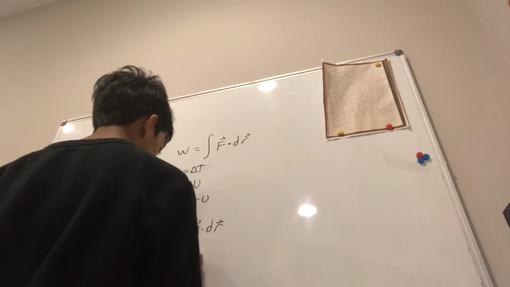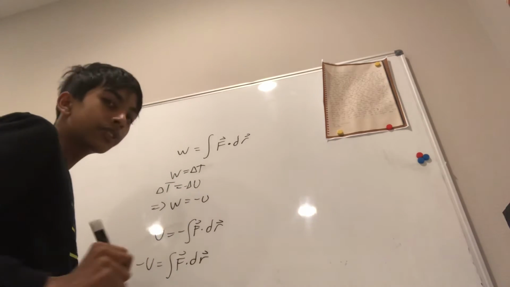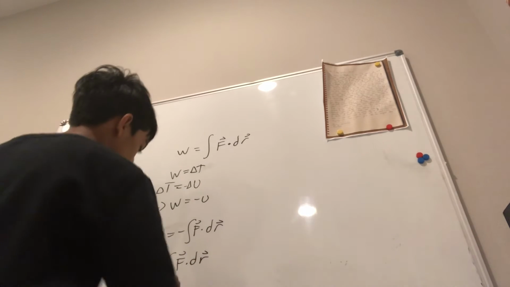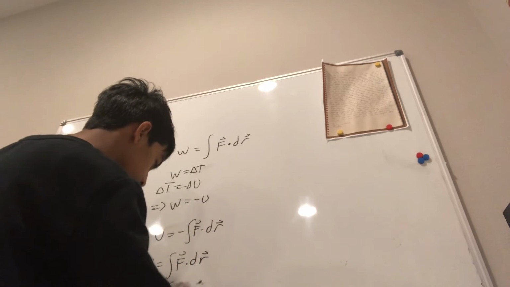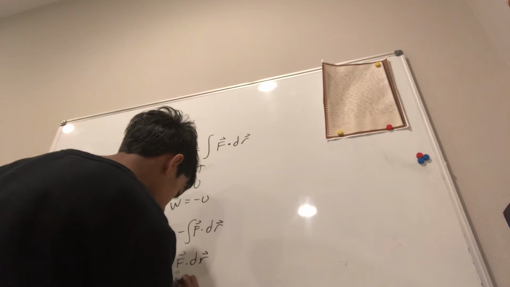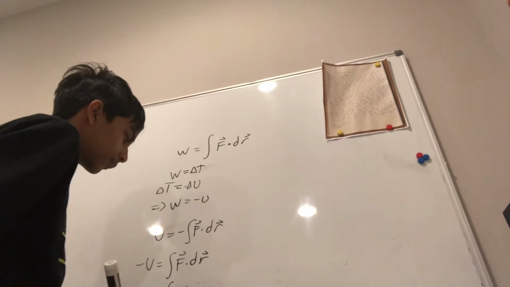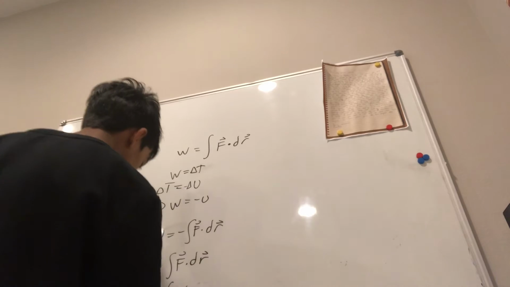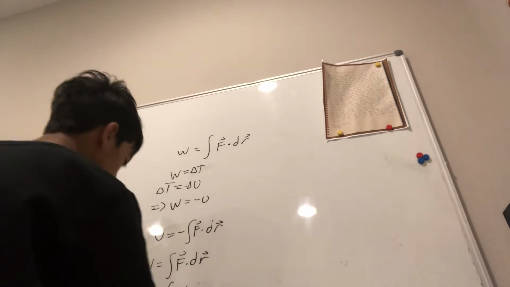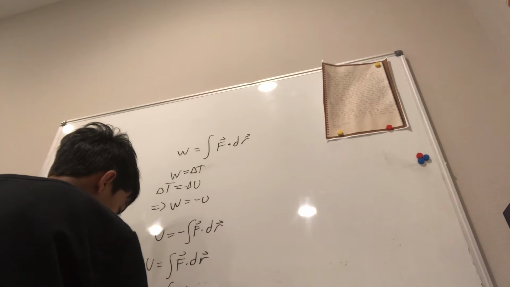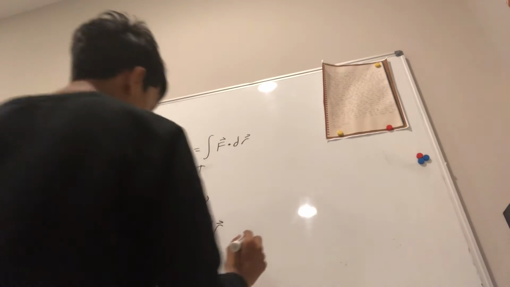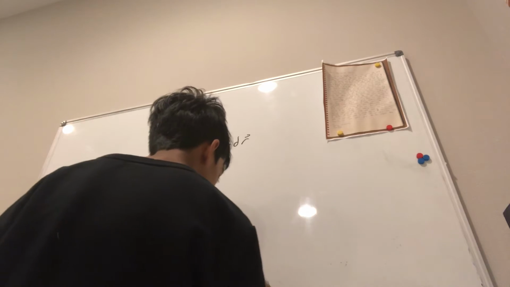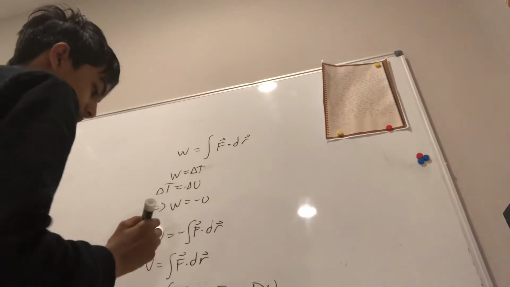If we wanted only one dimension, we could just make this F dx, and this would be our potential energy, negative U. In this case, you would only have to take the partial derivative with respect to x, which equals the force in one dimension. But if we wanted to do the dot dr in, say, 3 dimensions, F is equal to the negative gradient of the potential.